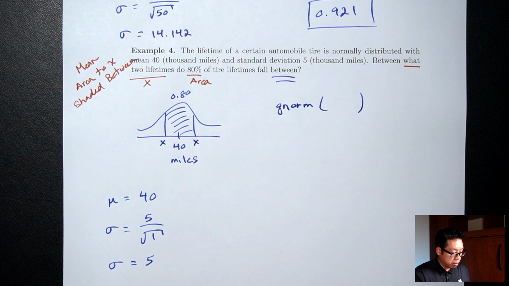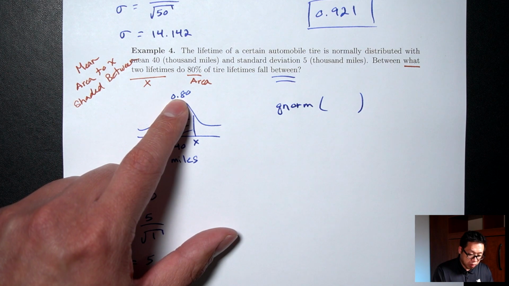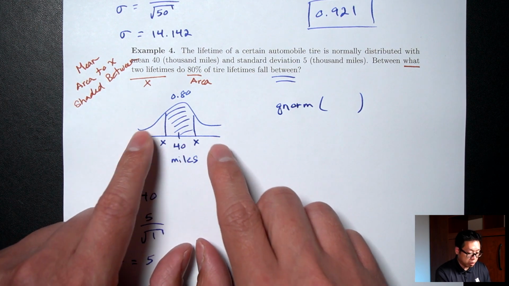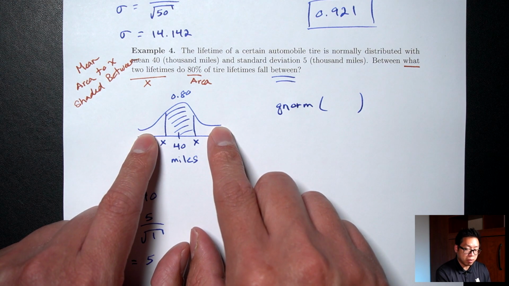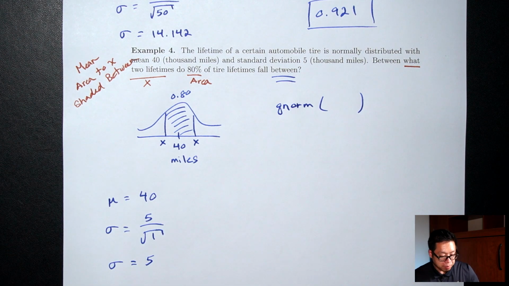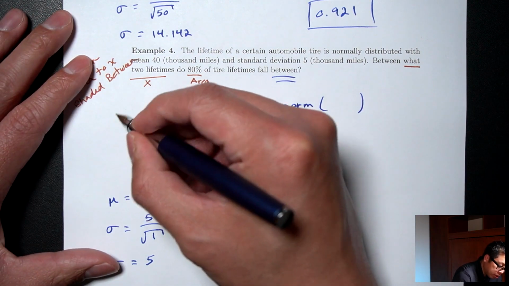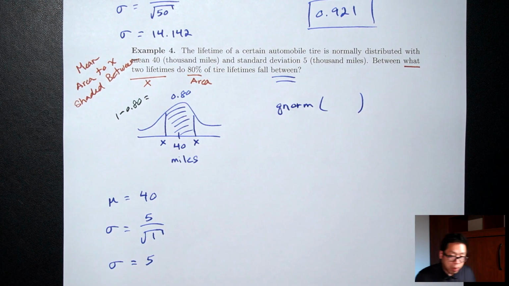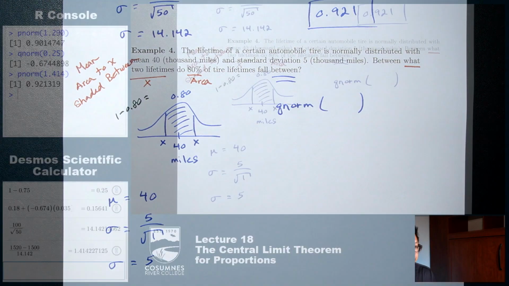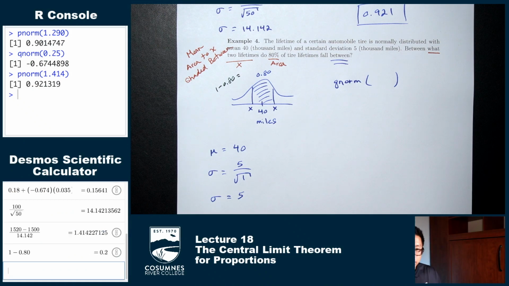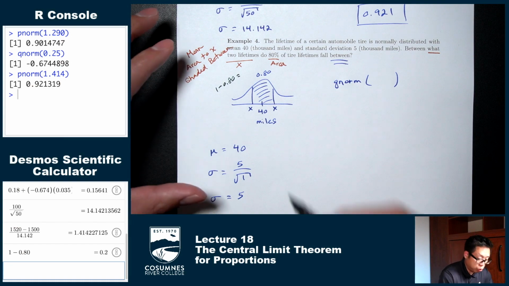So the first thing I'm going to do is 1 minus 0.80. That's going to give me the unshaded part, which is the left and the right together. Because I just want the left, divide by 2. So we're going to do 1 minus and then divide by 2. So 1 minus 0.80 is 0.2.